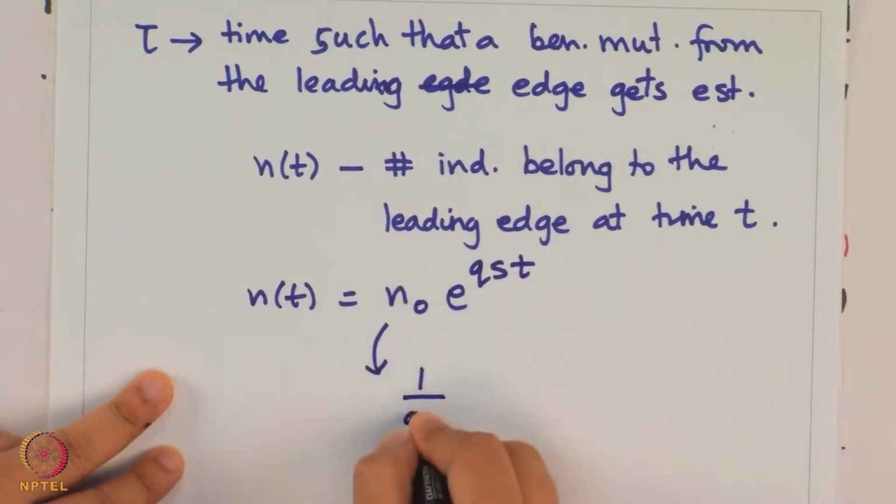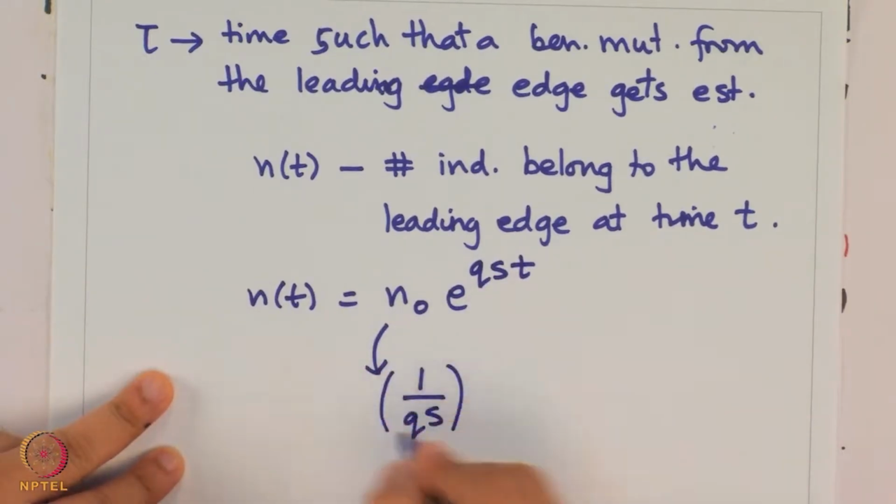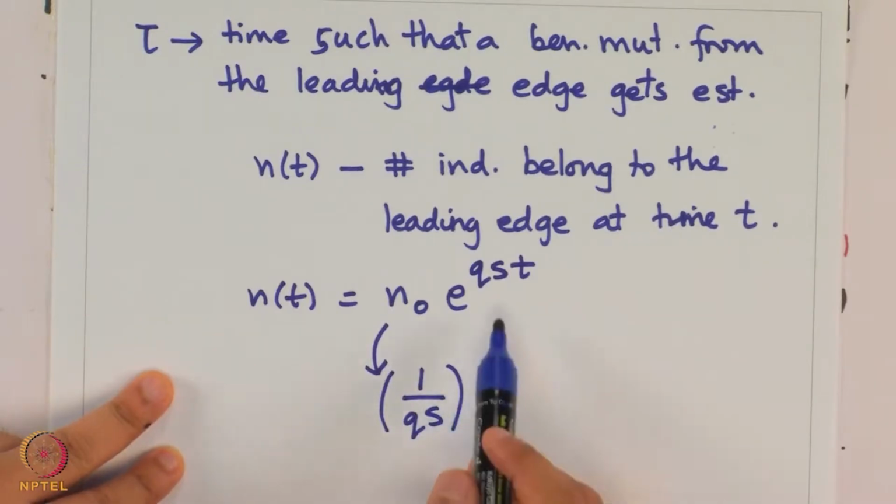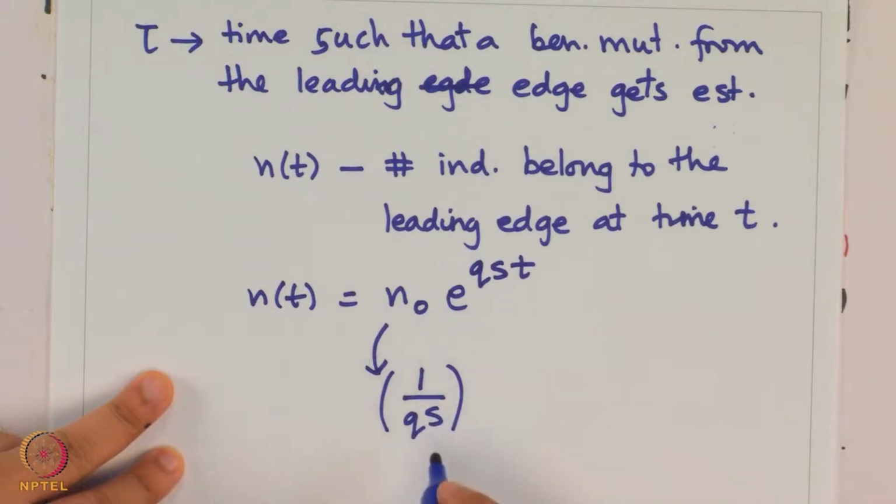but N naught is just equal to 1 upon QS, because this is the number of individuals corresponding to this particular genotype such that the leading edge got established.